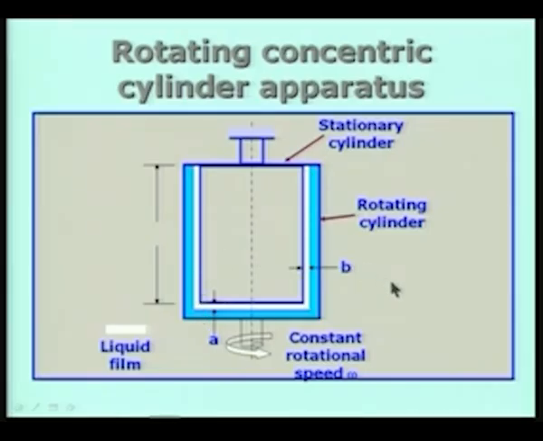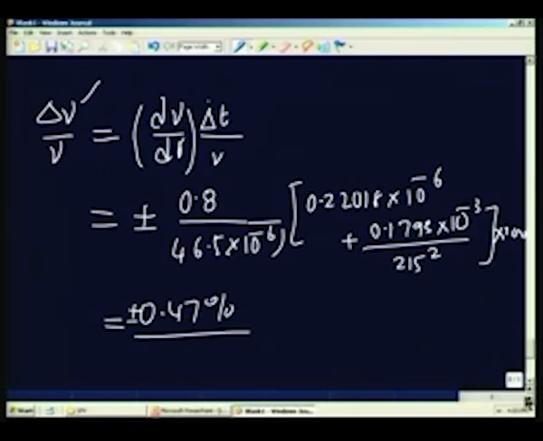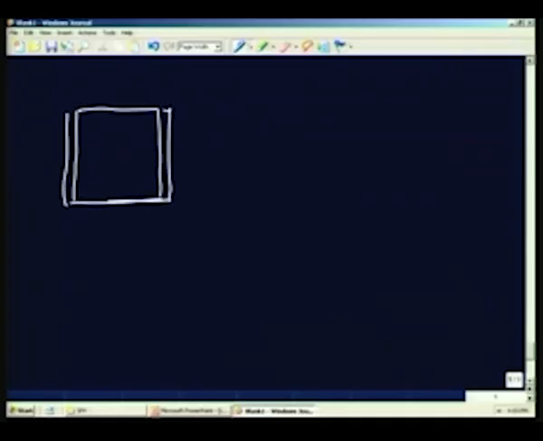So for determining the torque, let me try to derive the suitable relationship. What I have essentially is an inner cylinder and an outer cylinder. I am just making the sketch here.